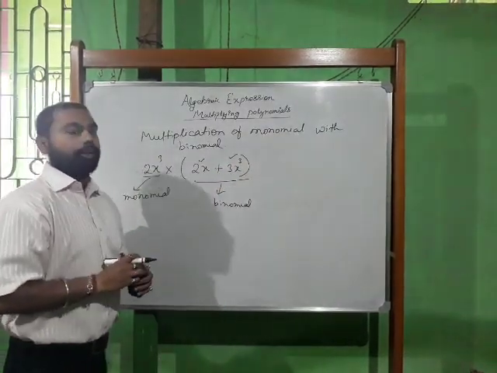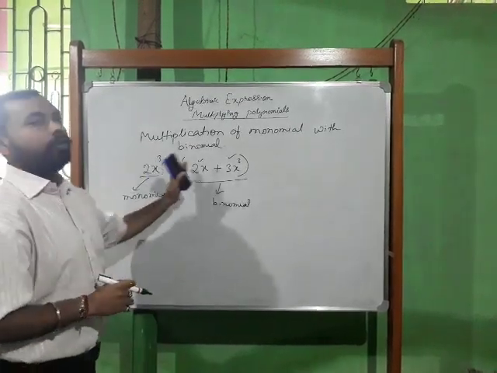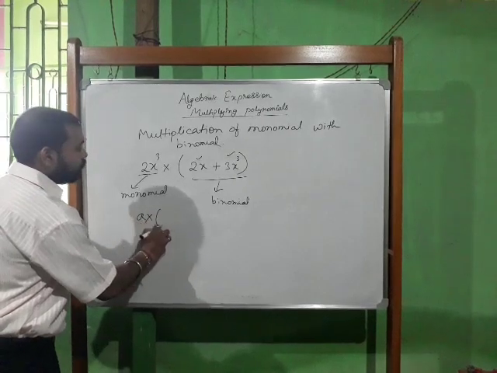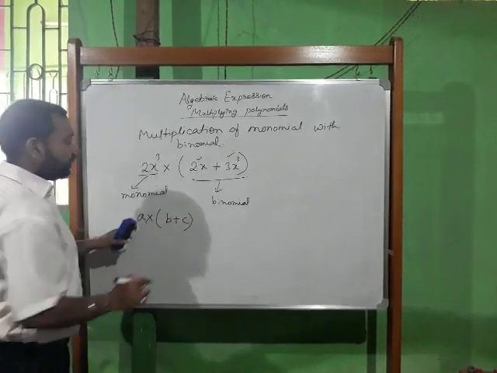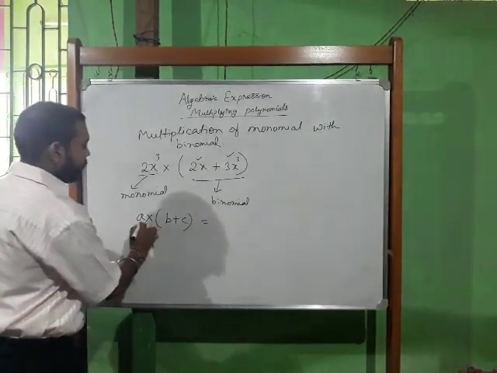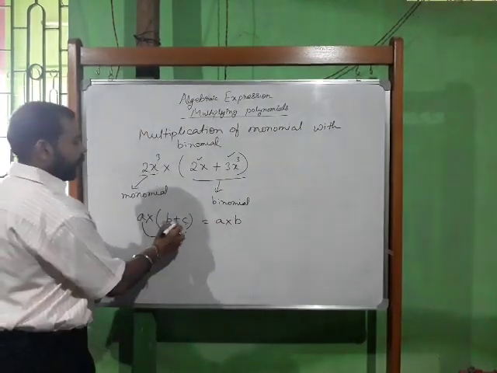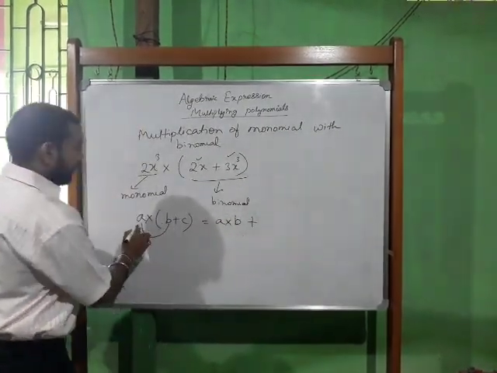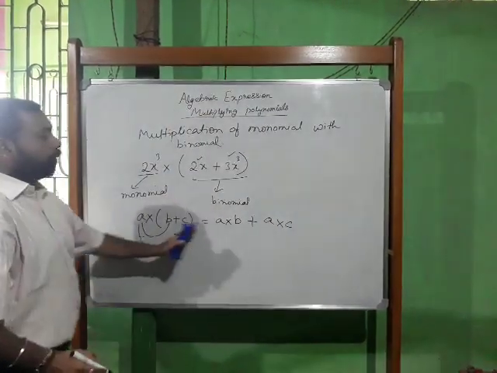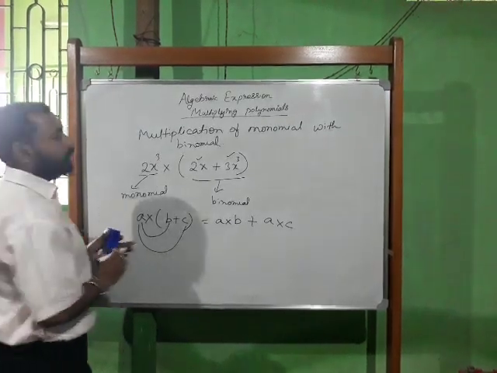Again, you are familiar with the distributive property, so we will be using the distributive property here. Suppose a into b plus c, so this is the distributive property under addition. So how will we do it here? It will be a into b, then plus, we will write a into c. So this is the property we will be using here. Now let us see how to do this.